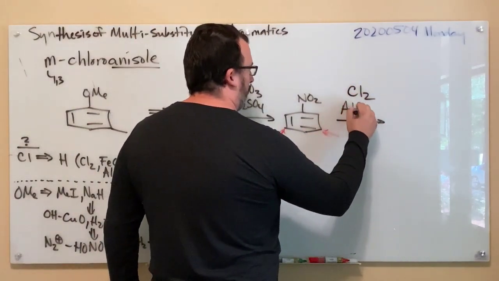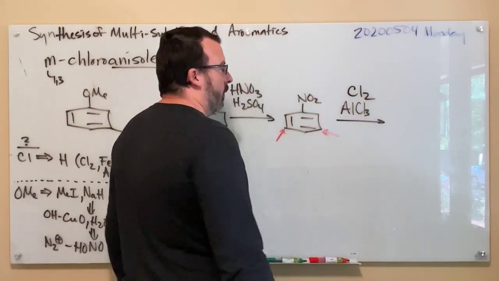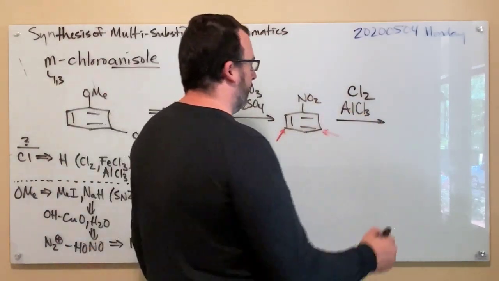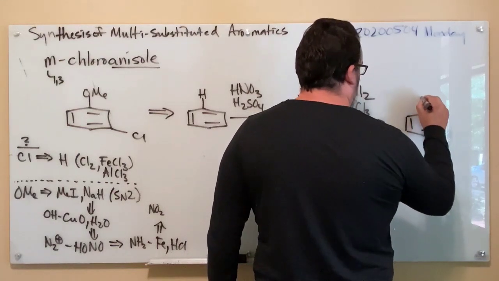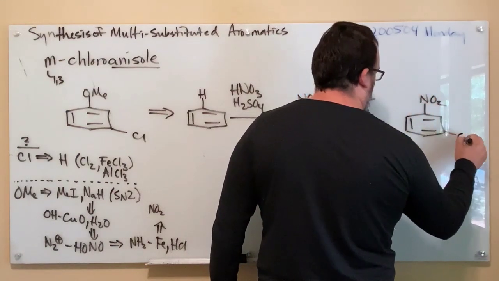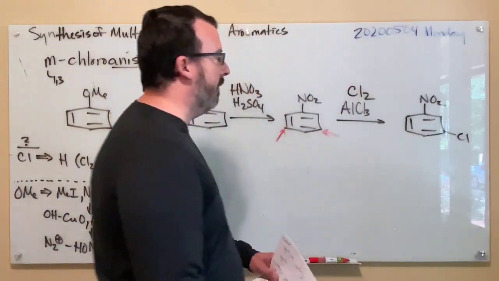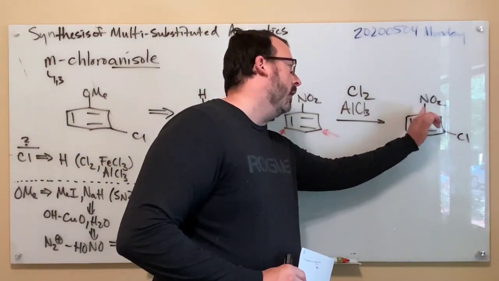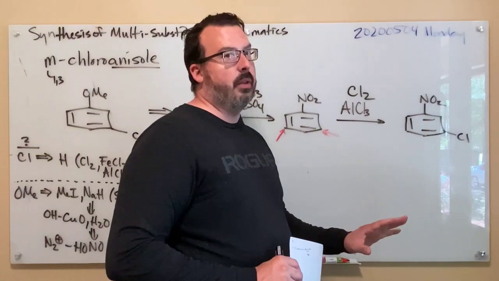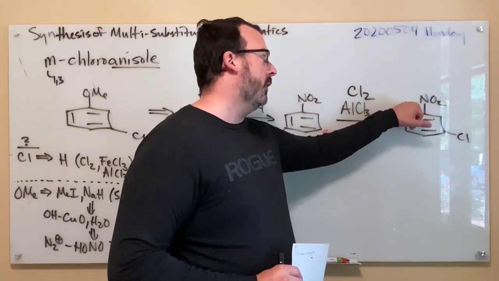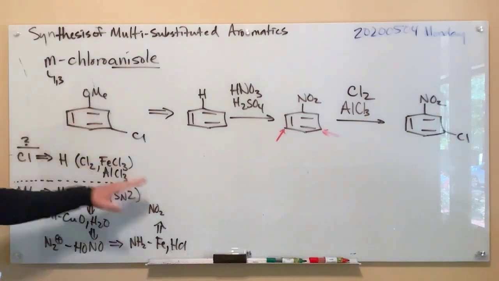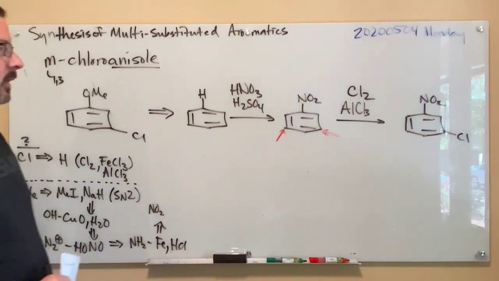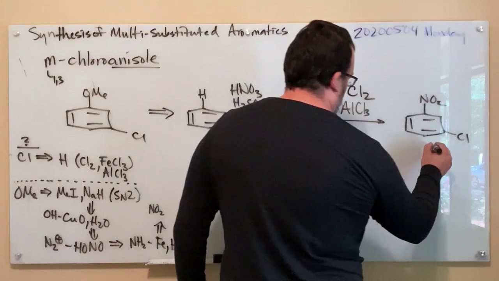So molecular chlorine and the Lewis acid aluminum trichloride. So there we are. We have the desired 1,3 relationship. The rest of the reactions now are just functional group transformations of that NO2 group into the O-methoxy using the reaction conditions identified already.